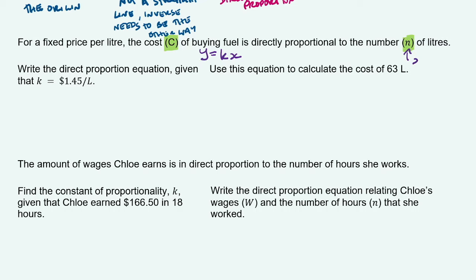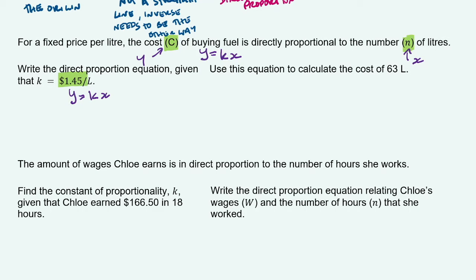This bad boy is going to become our X, and this guy is going to be our Y. So when we write the equation, instead of being Y equals KX, we're going to use C instead of Y. X is going to be N instead, and then instead of K, we're going to actually use that number that has been provided in our question.